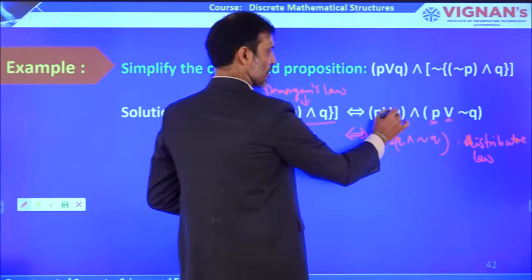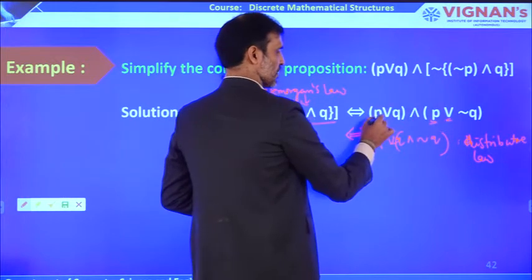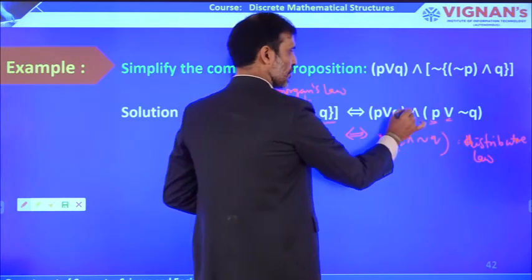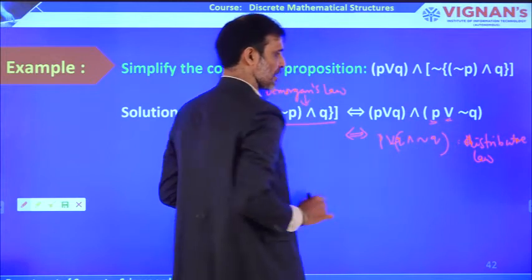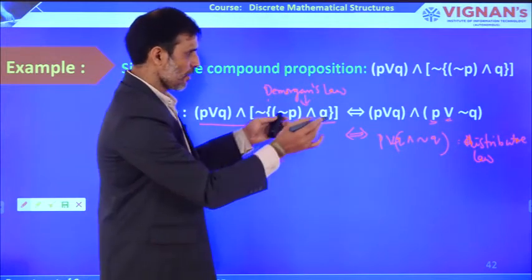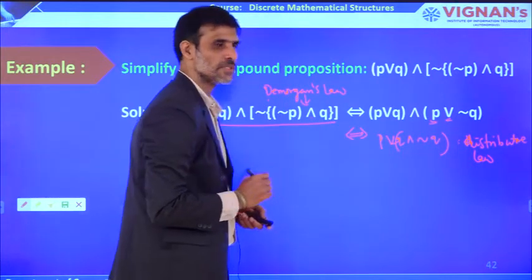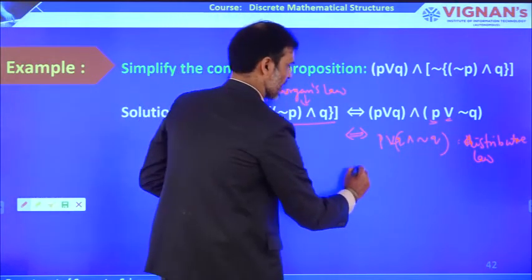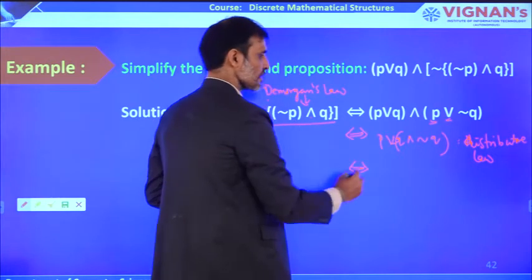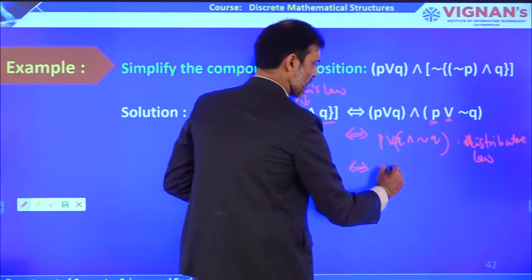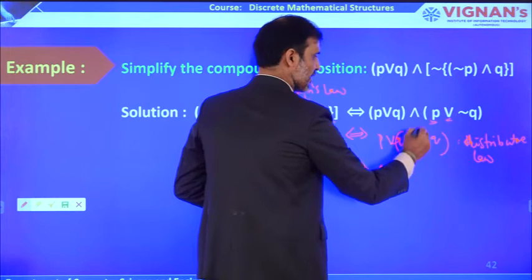See, P or Q and P or negation Q. So the entire compound statement can be written in a simpler form like this by using the distributive law. And then Q and P or Q and negation Q.